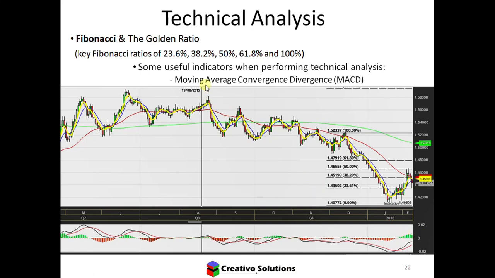Other indicators, merging all your knowledge of technical analysis, you can use various indicators like MACD, the moving average convergence divergence indicator, and that can be a way to analyze whether assets are overbought or oversold. Just to highlight a few things, you can see here on the chart you have higher highs and higher lows.